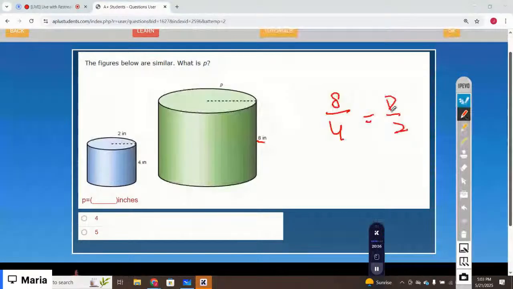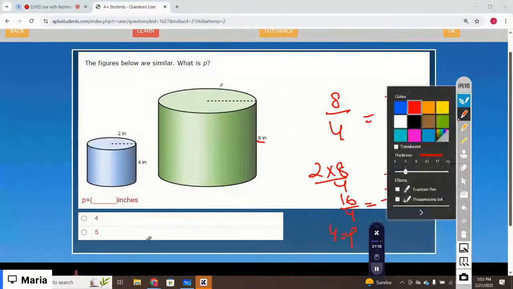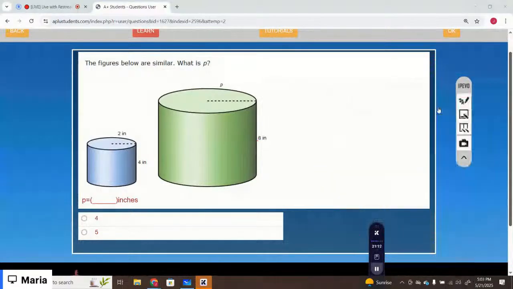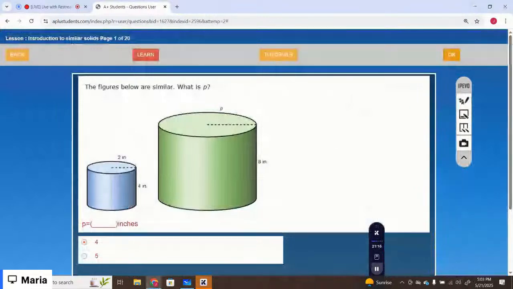So just solve it for P. P equals 2 times 8 over 4, 2 times 8 is 16, and 16 over 4 is 4. So P equals 4. Option number 1 is the correct option, that is P equals 4.